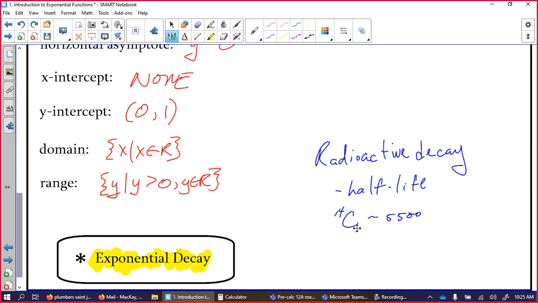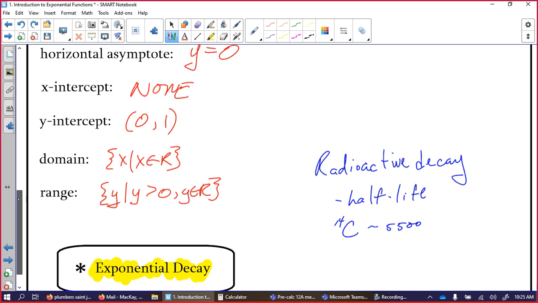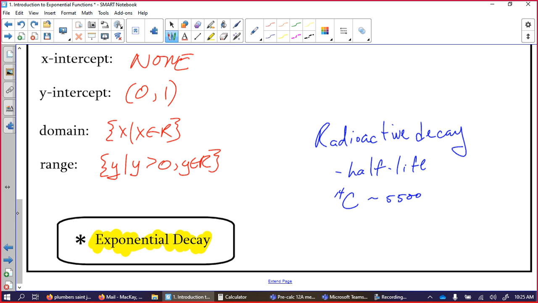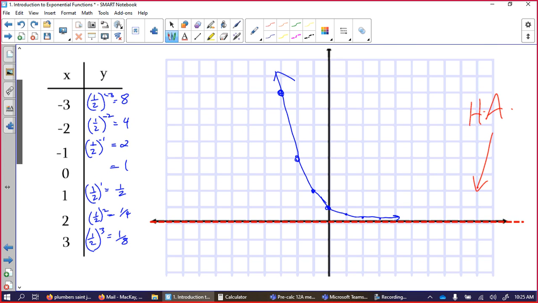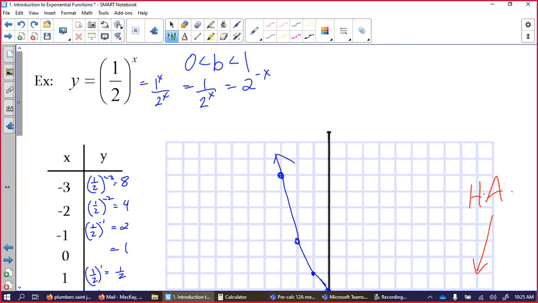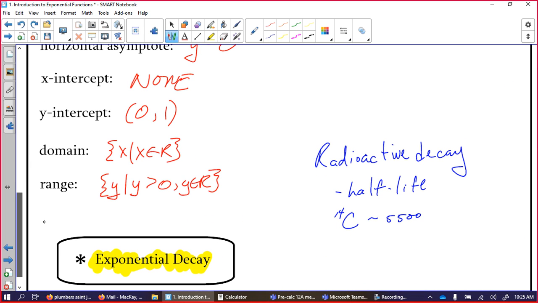Some of the heavier elements way down at the bottom of the periodic table have half-lives in the billions of years. Some of them have half-lives in the fractions of seconds. So there's ways to model those. It's actually a graph similar to this, but we have a transformation in there.